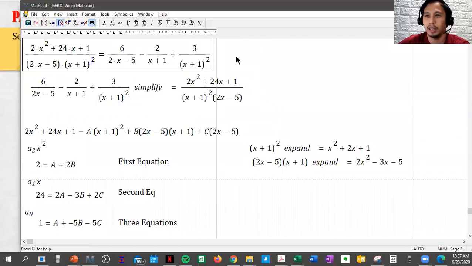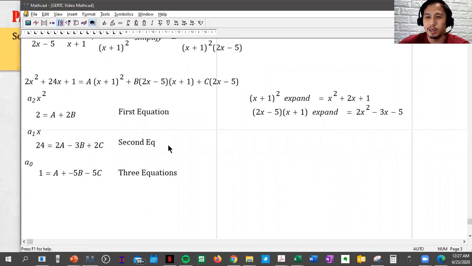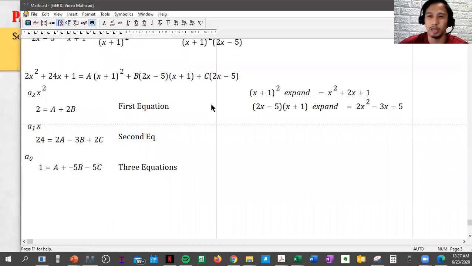If naka-cube yan, then meron pang fourth fraction, D over x plus 1 cube, di ba? So, yan yung gagawin. Better if you are to do that, so that you could make 4 equations and 4 unknowns. And walang problema for 4 equations, 4 unknowns.